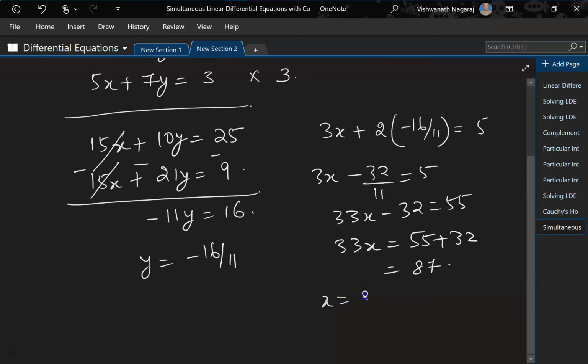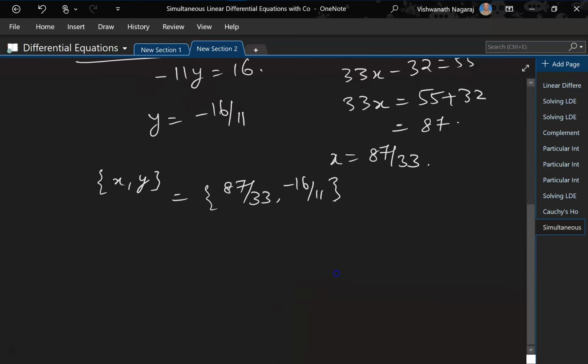So x is equal to 87 by 33. So the solution x comma y is 87 by 33 comma minus 16 by 11.